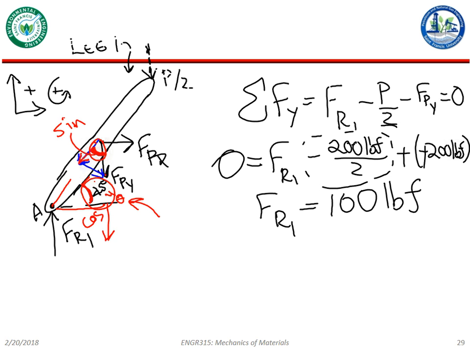So we've got FR1, 100 lbs, FPY, we have the load. So this is everything, right? Do we have to even solve anything on the other leg? Why? Right, because the loading's the same, the angle's the same, everything's exactly the same as this leg, it's just mirrored in the other direction.